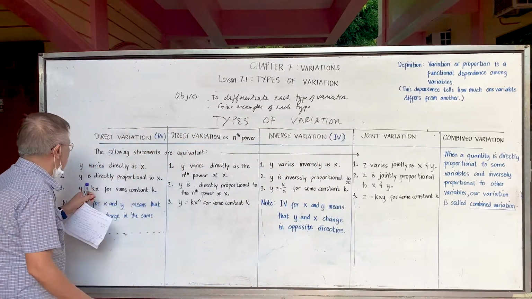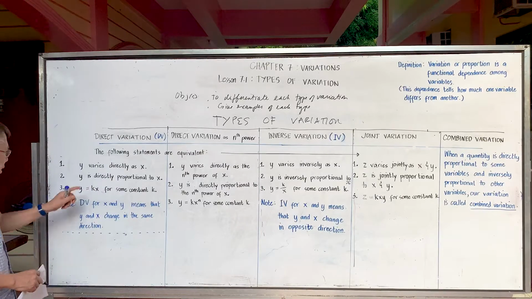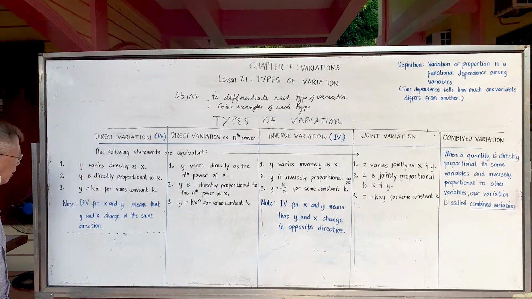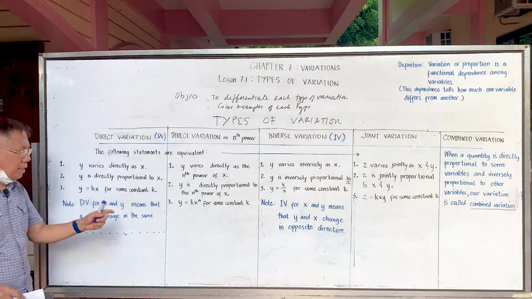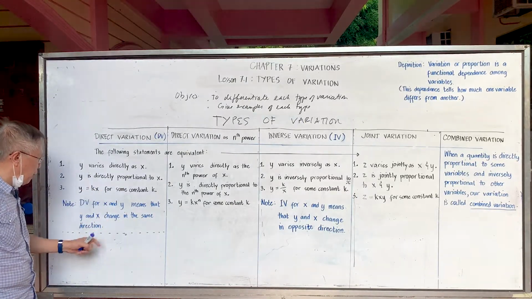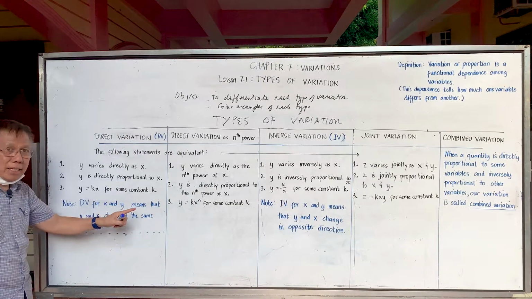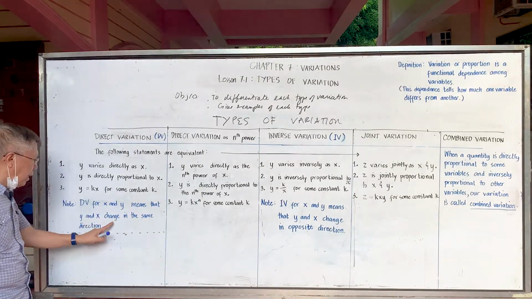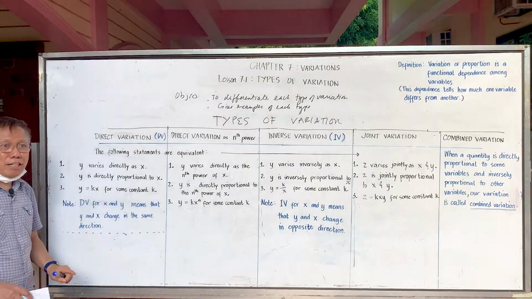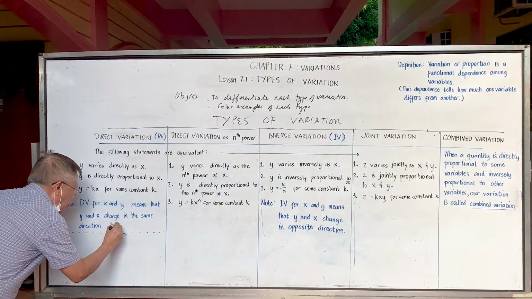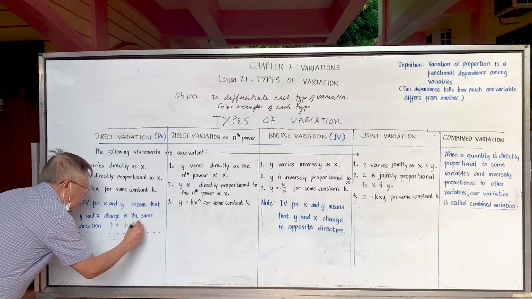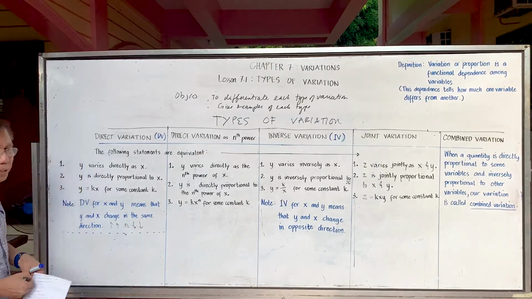Okay, let's take the first type of variation. This direct variation. It would be easy to detect whether a relationship is direct variation, because direct variation for x and y means that y and x will change in the same direction. Meaning, if one goes up, the other one also goes up. Or, if one goes down, the other one also goes down.